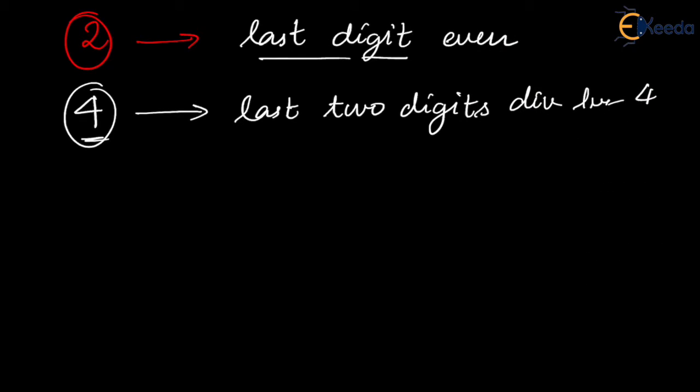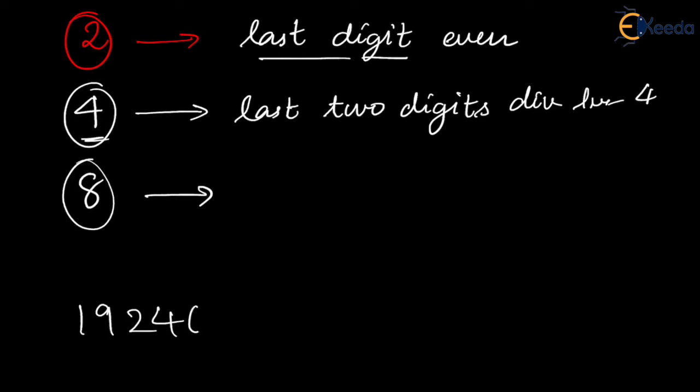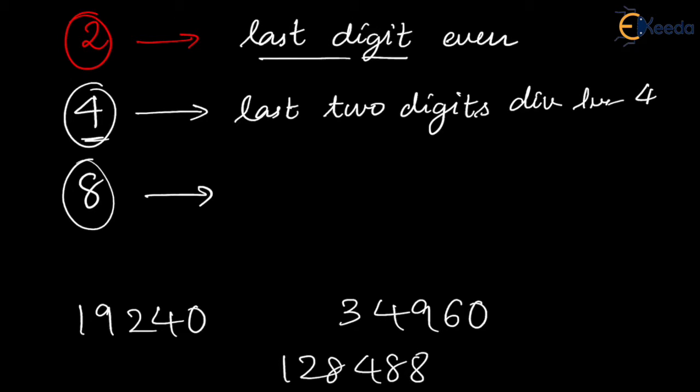Now, had I asked you about 8, how can you say a particular number is divisible by 8? If I give you a number, let's say 19240, or 34960, or 128488, are these numbers divisible by 8? How do you come to know?